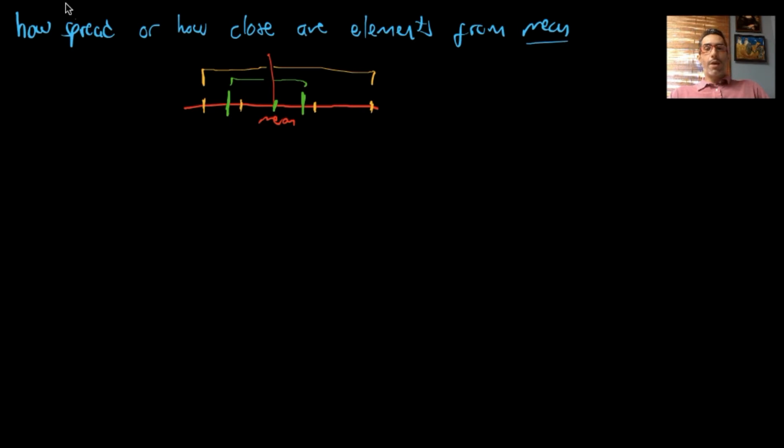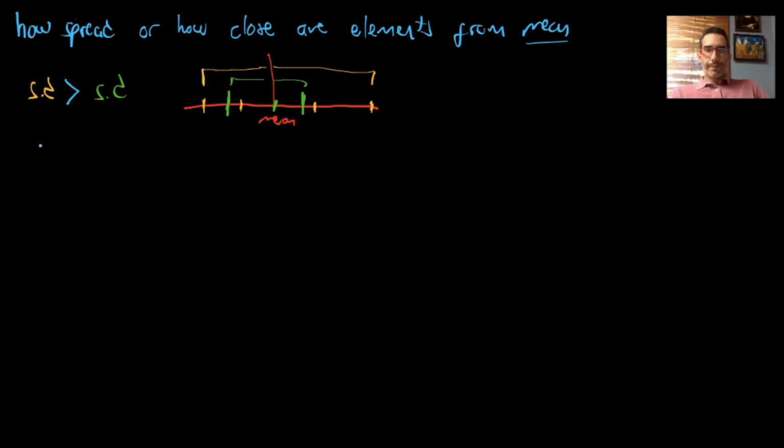As the yellow elements are more spread out from the mean, and the green elements are closer to the mean, that means the standard deviation of yellow is greater than the standard deviation of the elements in green, because that's the concept: how far or how close the elements are from the mean. So that's what we need to understand right now, okay?